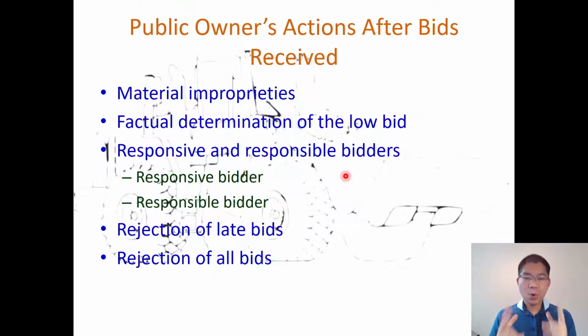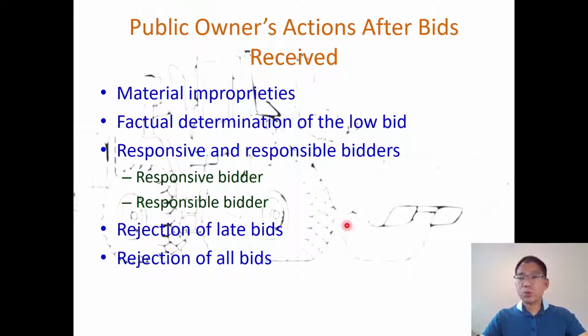So you have to have both responsive and responsible bidders to be considered for the job. And among all the bidders that have both responsiveness and responsibility, the one with the lowest bid will get the contract. So in the public owner, the award goes to the lowest responsive and responsible bidder.